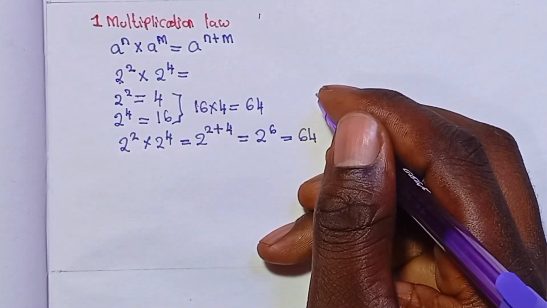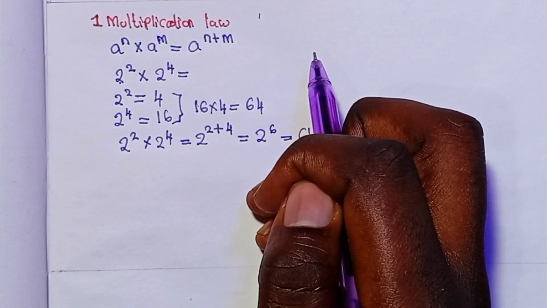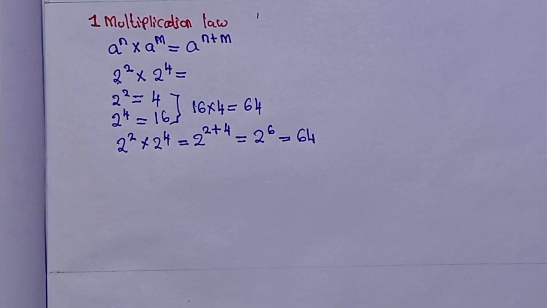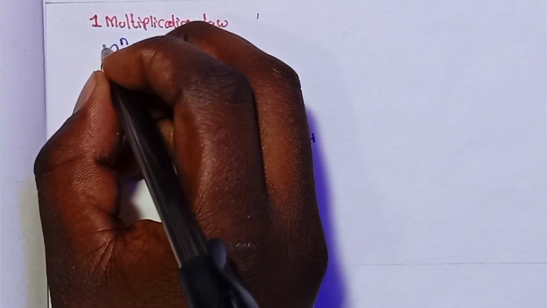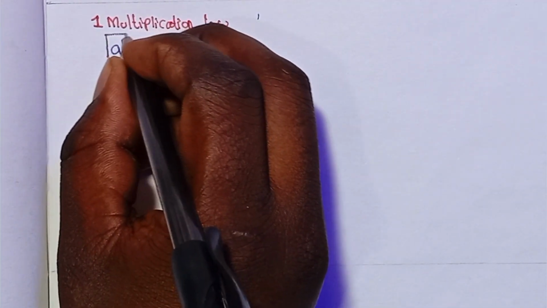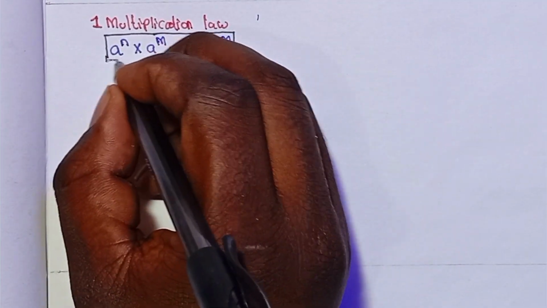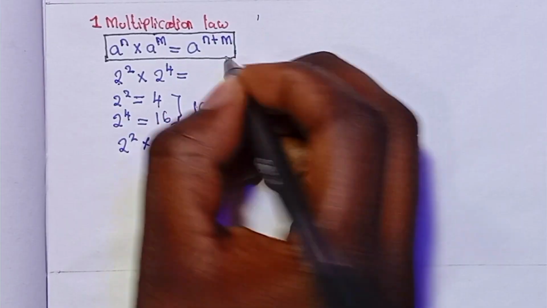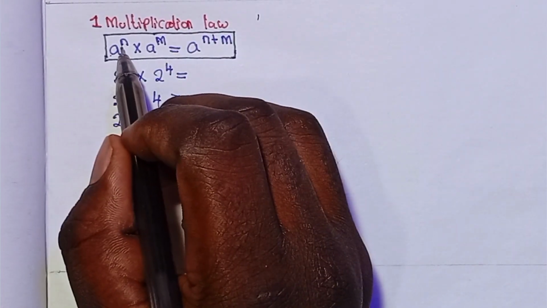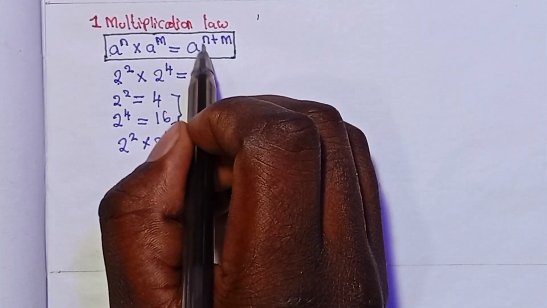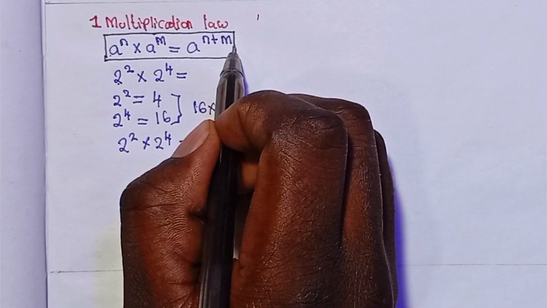So this is the multiplication law of indices. So the law that we should know as multiplication law is this one. This is the multiplication law. A raised to n times a raised to m is equal to a raised to n plus m.